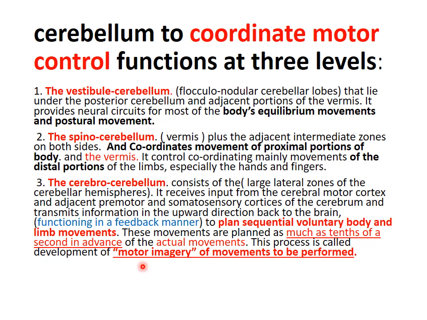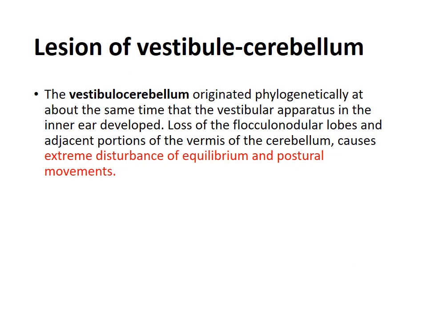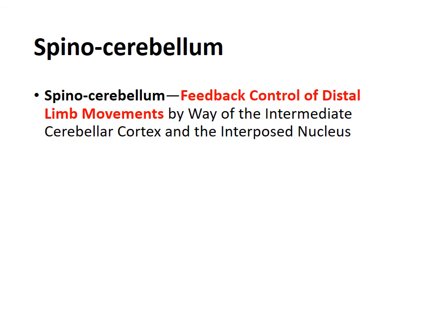This process is called motor imagery of the movement to be performed. Next slide. So the lesion of the vestibulocerebellum: the vestibulocerebellum is phylogenetically the old one. So if there is a lesion, there are extreme disturbances of equilibrium and posture. Spinocerebellum, feedback control of the distal limb movement.